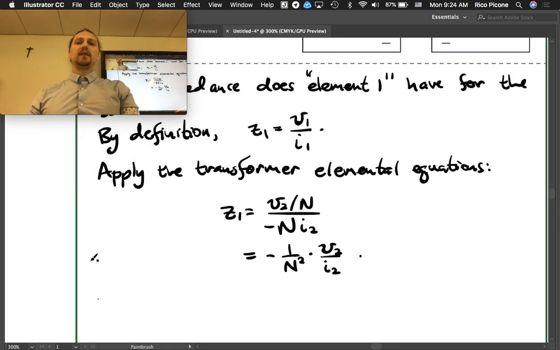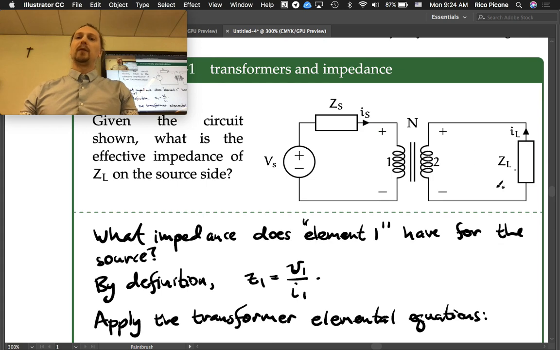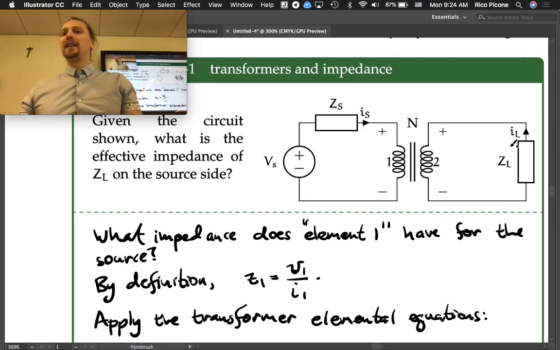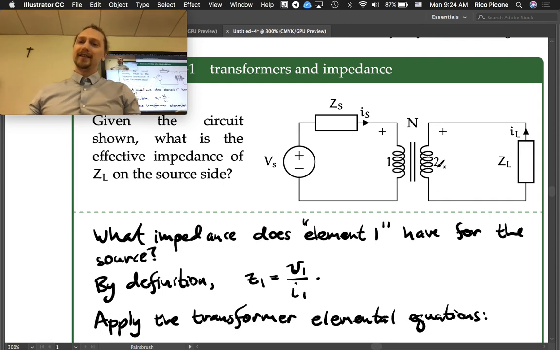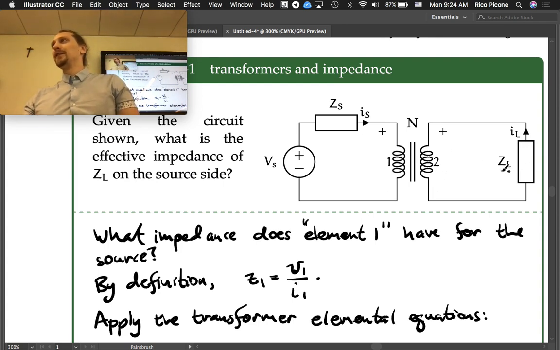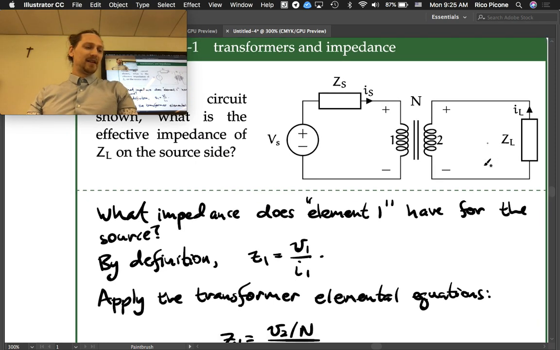Now let's look at this right side. In V2 and I2, we're on the load side of the circuit. We're trying to make our way over to ZL, right? So if we could write voltage 2 and current 2 in terms of voltage L and current L, then we might be able to do that last step, right?